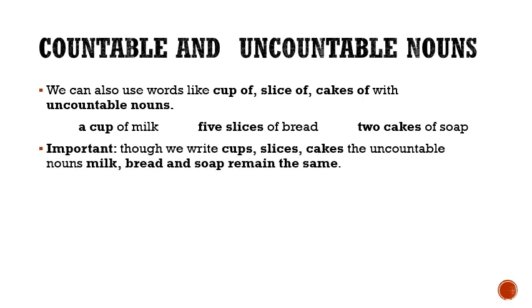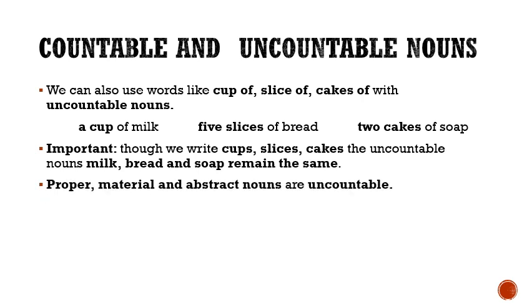Now one thing which is to be noted here and which is important is that though we write cups, slices, cakes, the uncountable nouns which are milk, bread and soap remain the same. See here, these uncountable nouns like milk, bread and soap are in singular only.